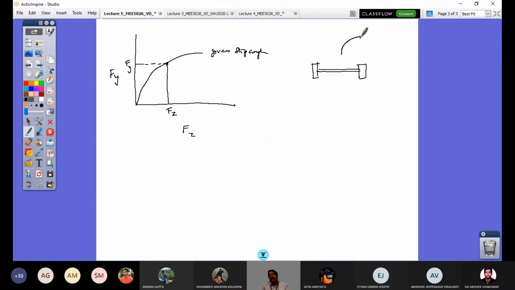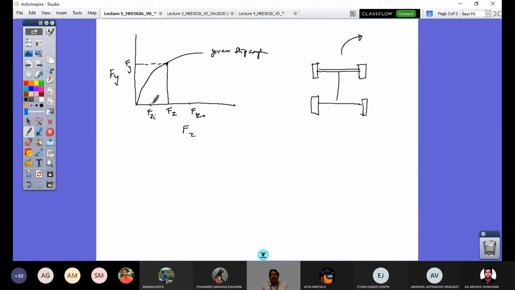When I take a turn, the load transfer from inner side to outer side takes place, right? So the normal load on the outer wheel is more than that of the inner wheel. That would make the normal load on the inside reduce. Let me call that Fzi, and the outer wheel increases to Fzo.